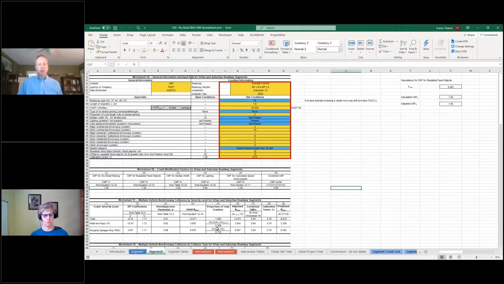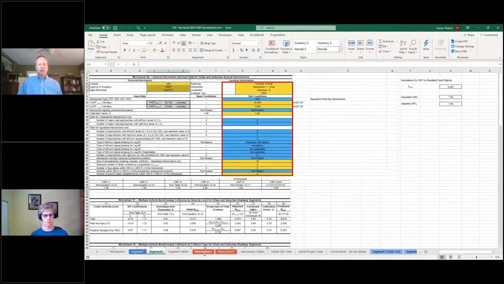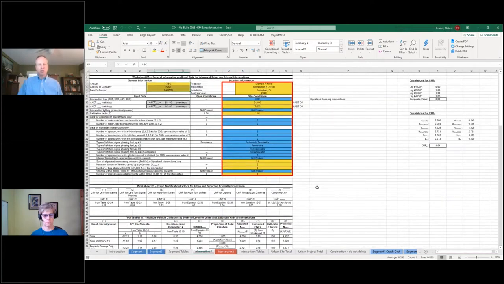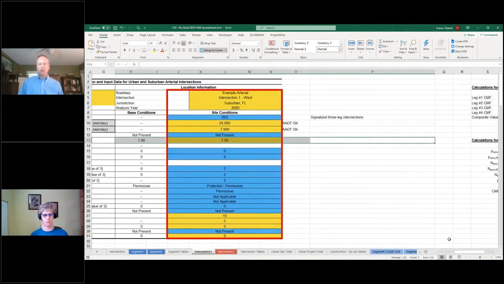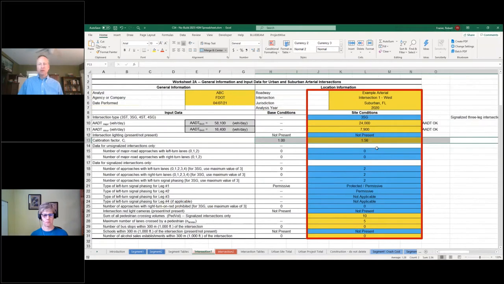All right, then intersection number 1, working across here, we've got the data entered: the AADT for the main street and the side street. We've put in the calibration factor, so I'm going to zoom in so you can see that a little better.